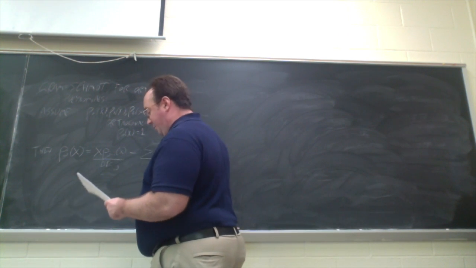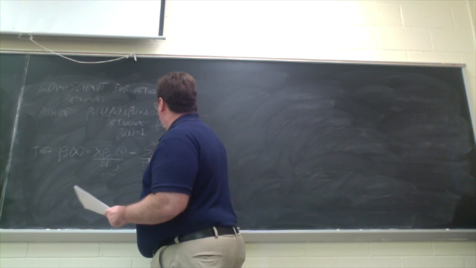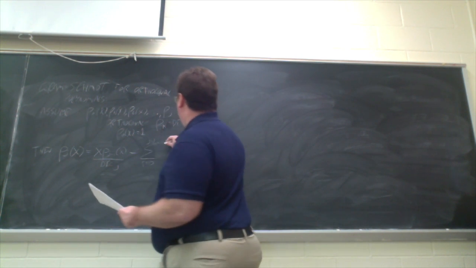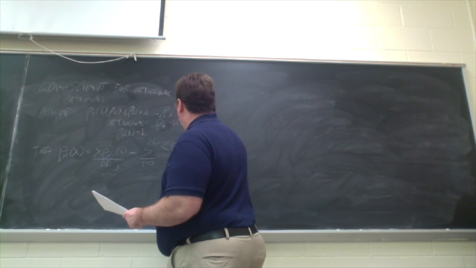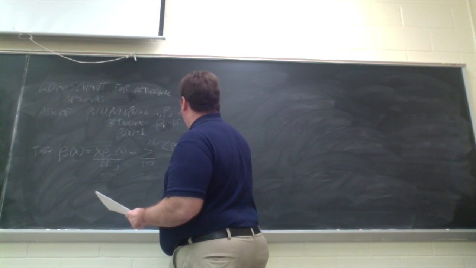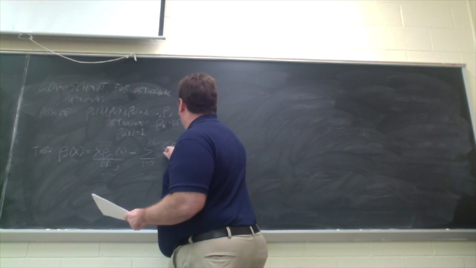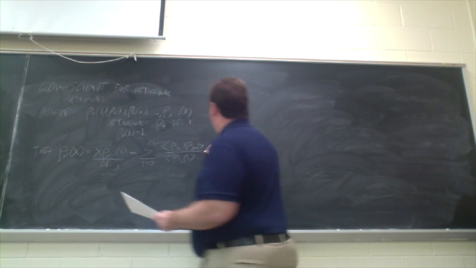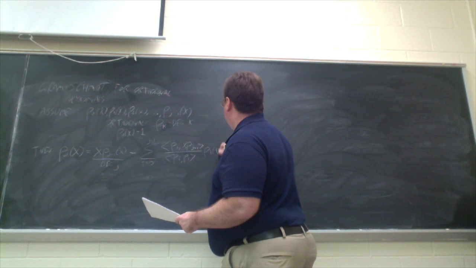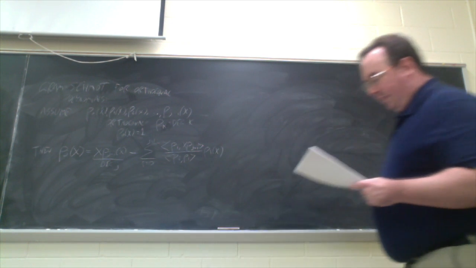So I have the sum, where I use these inner products: the inner product of p_i with x p_{j-1}, over the inner product of p_i with p_i, times p_i(x).